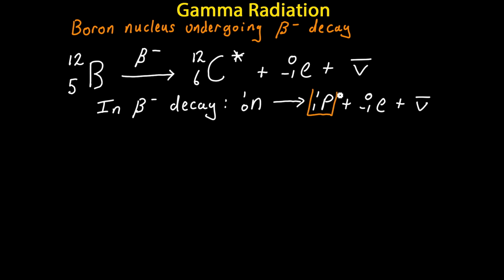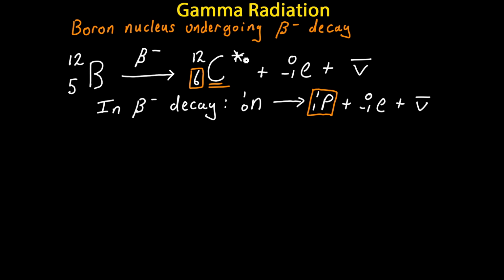Therefore, the atomic number or the proton number of the daughter nucleus increases by 1. This changes the element of the atom. So in this case, our boron atom becomes a carbon atom. The atomic number at the bottom here has increased by 1, but the mass number has stayed the same.